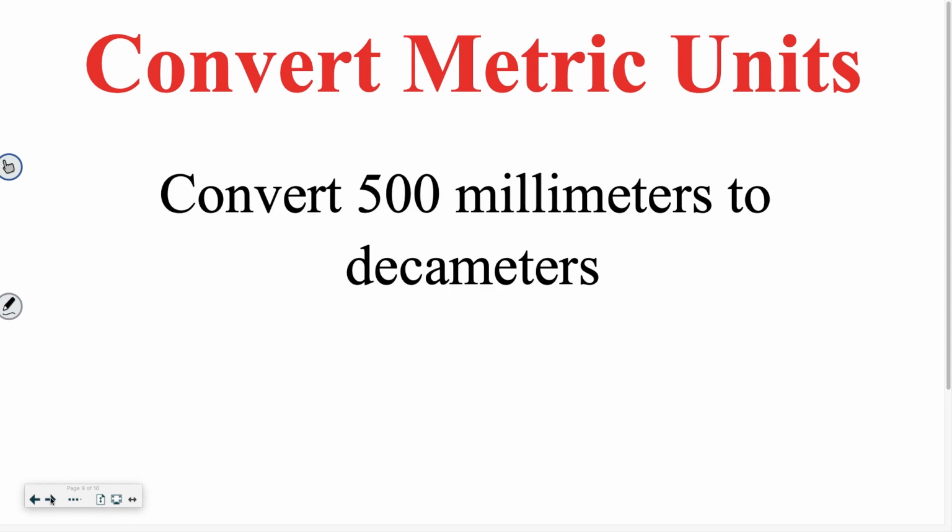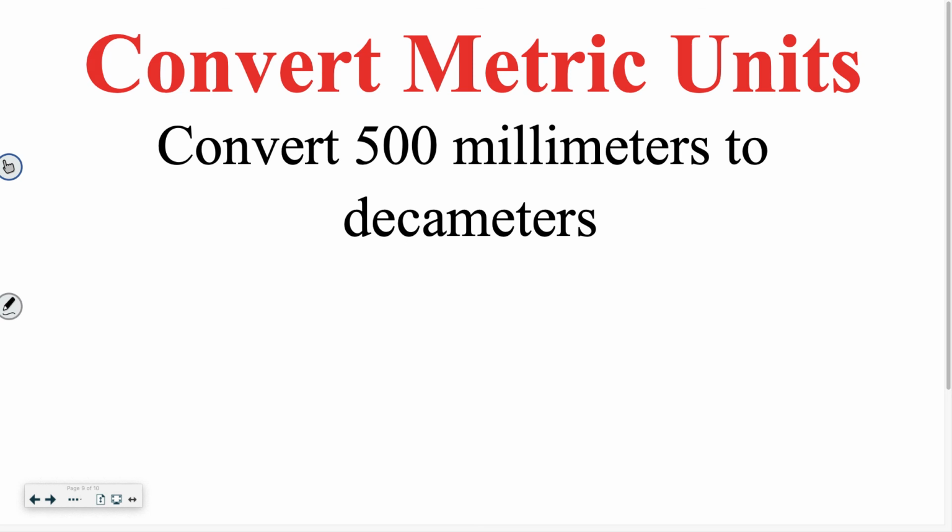Okay, let's try another one. So this time we're going to convert 500 millimeters to decameters. So again, let's draw our stairs. So then we have kilometers, hectometers, decameters, and then meters, decimeters, centimeters, millimeters.